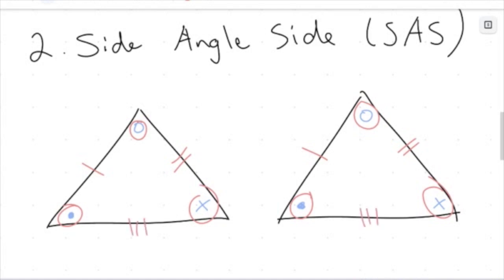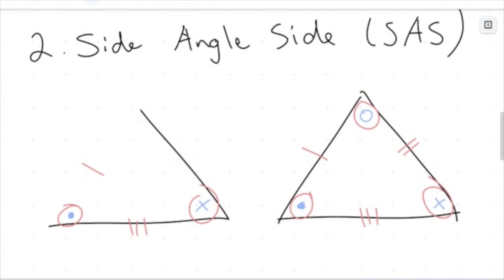I've reduced this back to side, side, side every single time. So with two angles and a side given, we can deduce that these two triangles are congruent, because given any two angles, we know the third is going to be equal as well.